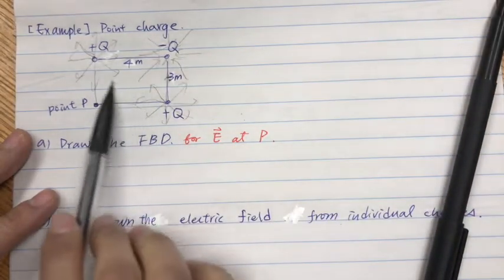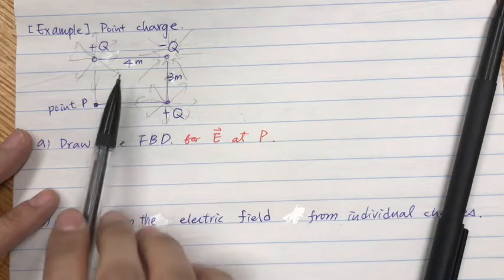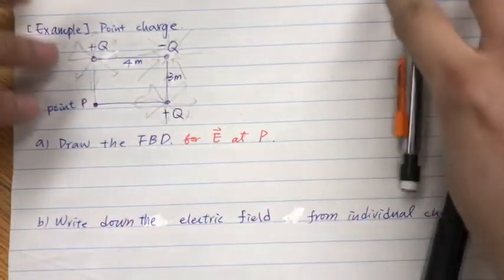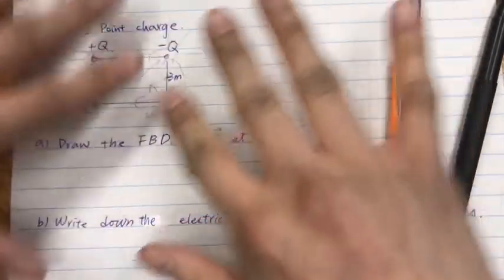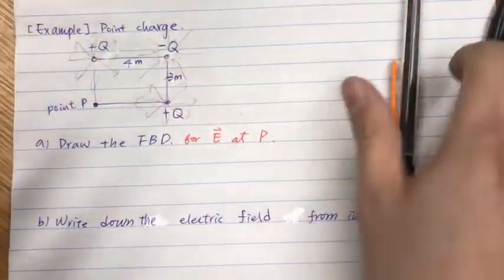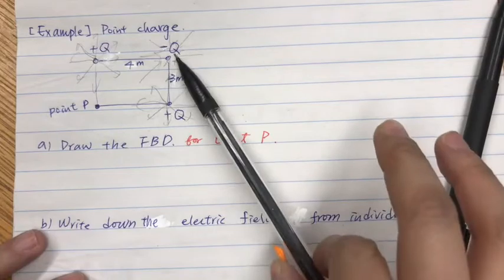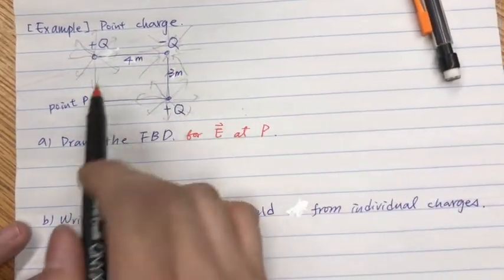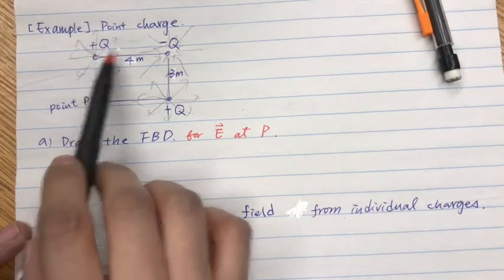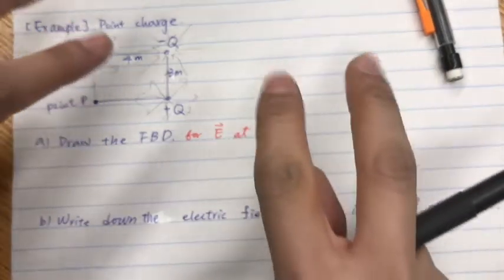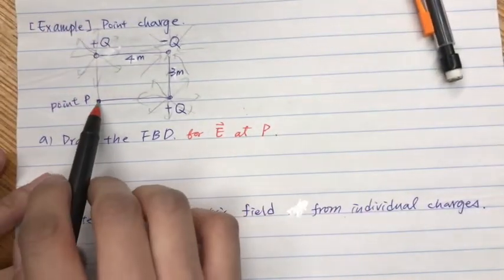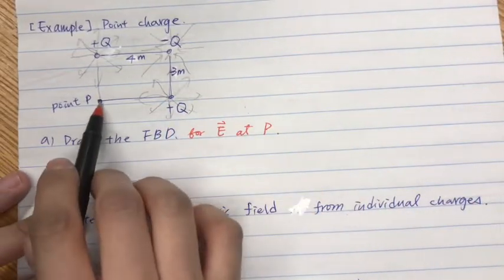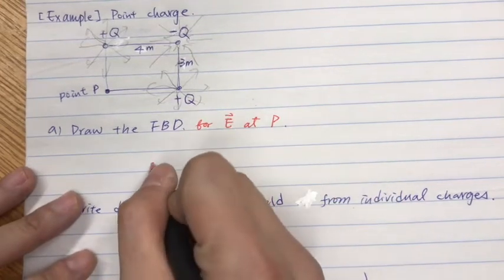And whatever is in the middle, in the intersection, all these field lines will be aligned or redistributed because they also feel the source from the other charges. So the question is, considering these three charge sources, what's the free body diagram for the electric field on this? So let's see.